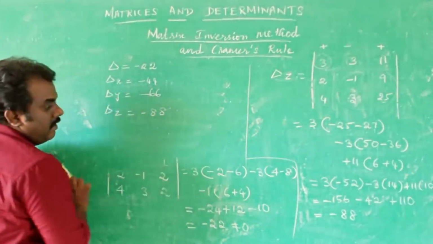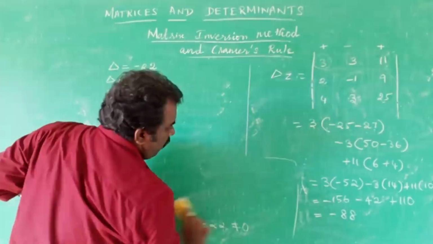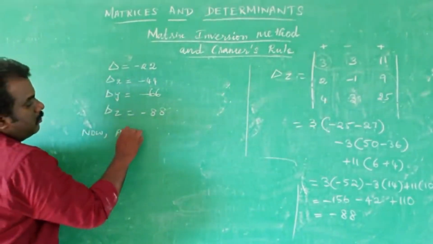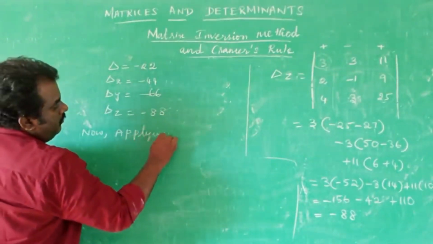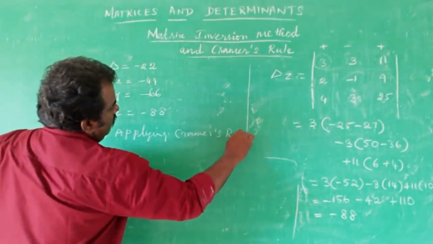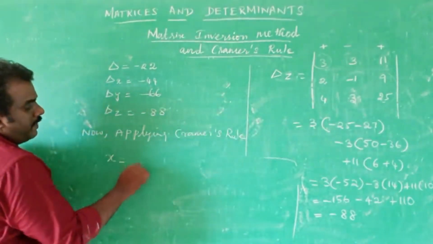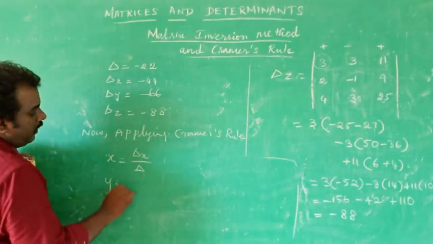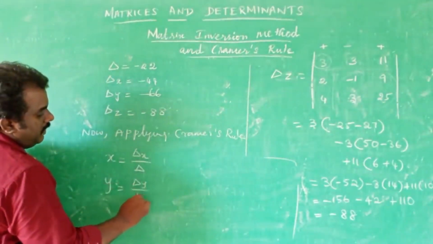What is next? Applying Cramer's rule. How to find x: del suffix x by del. How to find y: del suffix y by del.